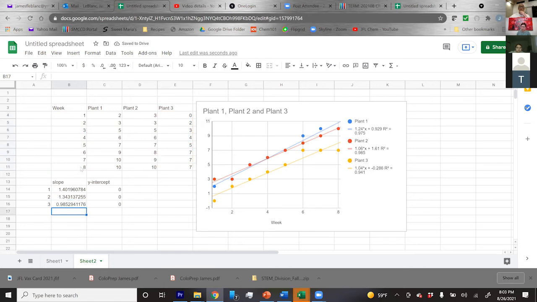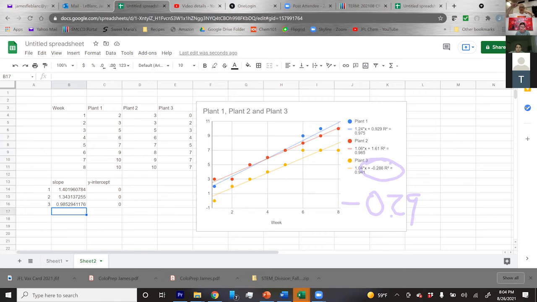Now you can see with the third plant, our slope actually decreased a little bit. And that also makes sense, because if you look at what the y-intercept was before, that was the only group of data that had a negative y-intercept. Right here, the intercept was around negative 0.29. So now we increased it to 0.